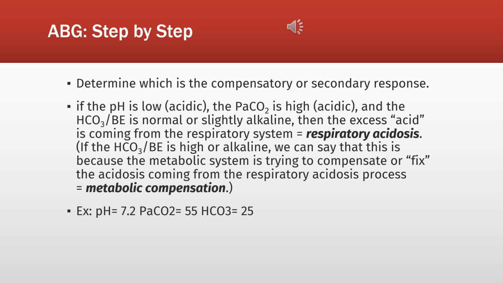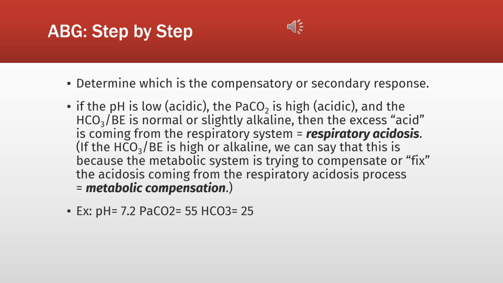This is a respiratory acidosis. If the HCO3 or base excess is high or alkaline, then we can say that the metabolic system is trying to compensate for the acidosis or trying to buffer it, and this would be the metabolic compensation.